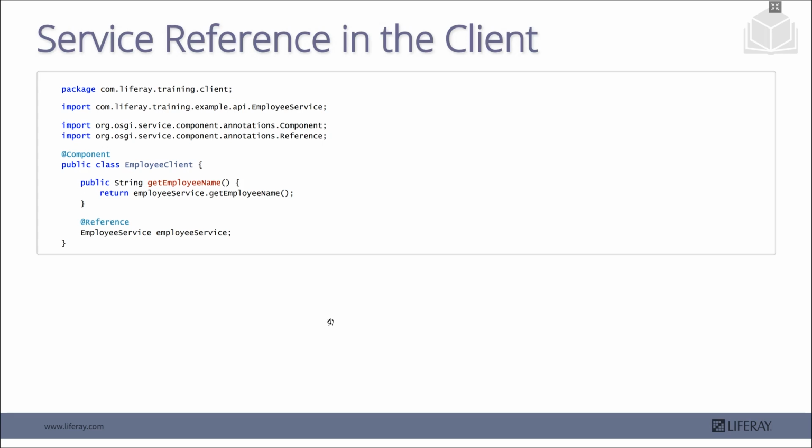The employee service object is created based off of the EmployeeService interface. @Reference asks the service registry to get the OSGi service that implements EmployeeService. So that way, when we make the service call here in the return statement, it's going to work. There's an implementation there that'll handle the details and the logistics.